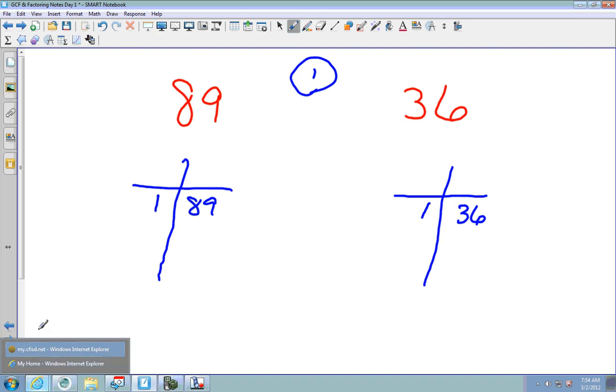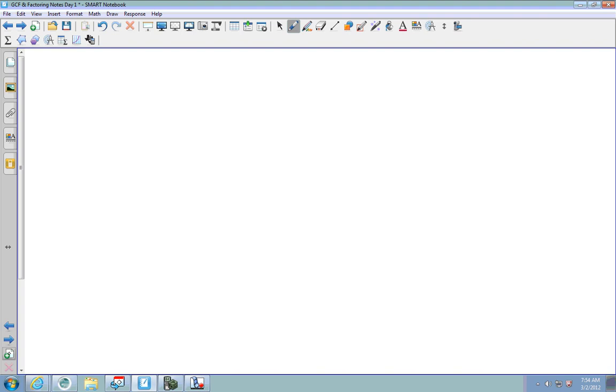Now, we're not just going to deal with numbers. What if I needed to find the GCF of variables? So, for example, I'm going to have x squared and x to the 4th. What is my greatest common factor between these? Now, I want you to see something. First off, what does x squared mean? It means x times x, right? X to the 4th means what?